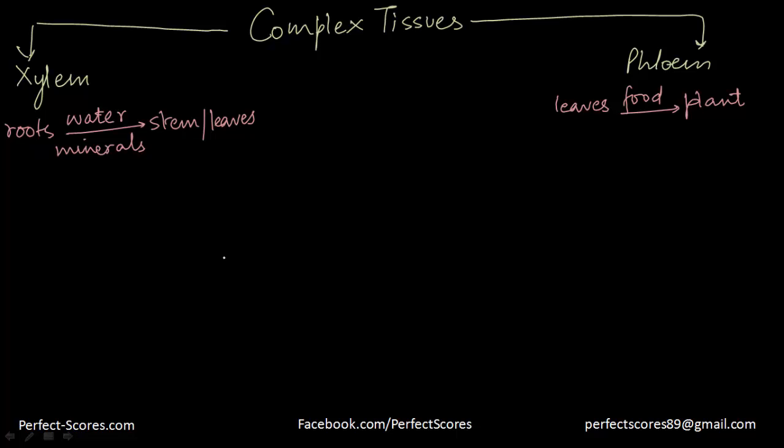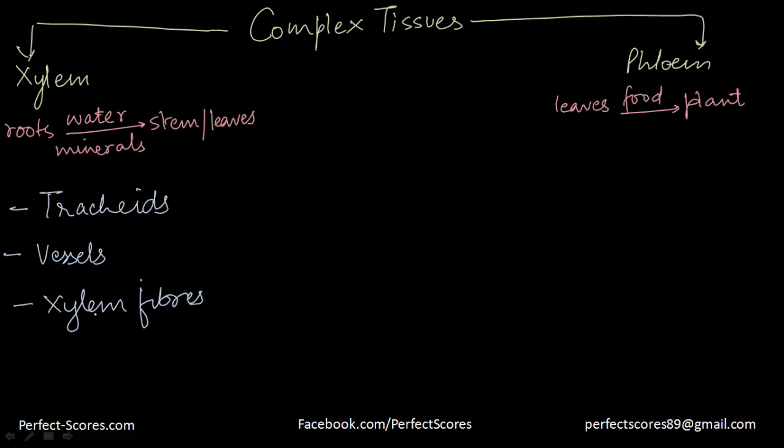And each one of them is further divided into many parts. When you come to the complex tissue, you know that it's made up of different kinds of cells with each performing a different function. So when it comes to xylem, the different parts of the xylem tissue are tracheids, vessels that are only there in angiosperms, not in gymnosperms, xylem fibers, and xylem parenchyma.